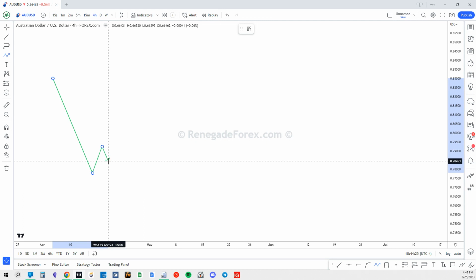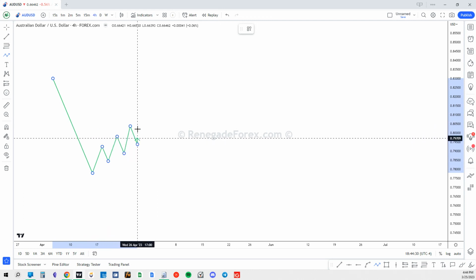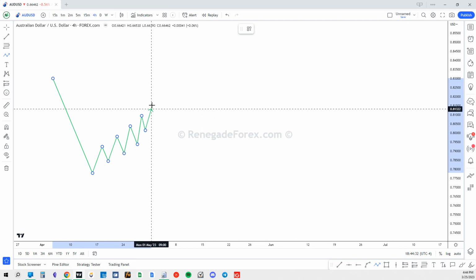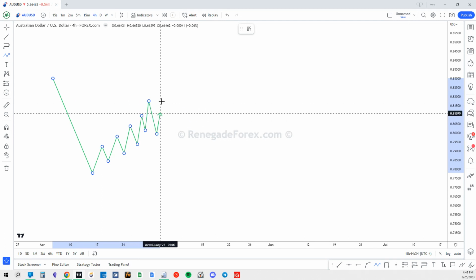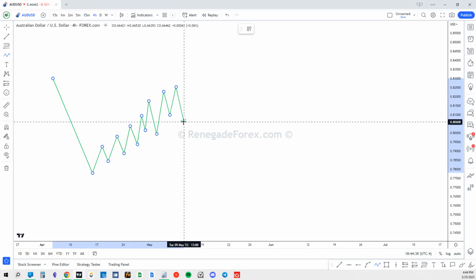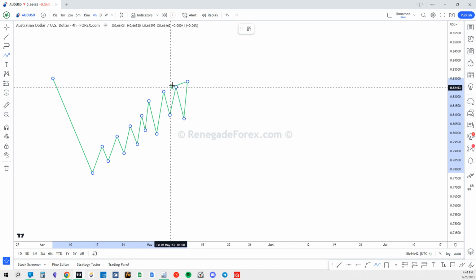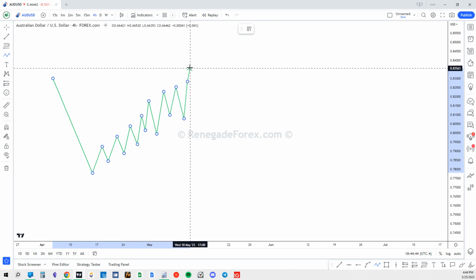Price retraces, comes back, and we start to see a bullish trend form in the market. It might be kind of messy because in most pullbacks, price action is very messy, forming wicks and liquidity grabs like that. So just something to keep in mind.